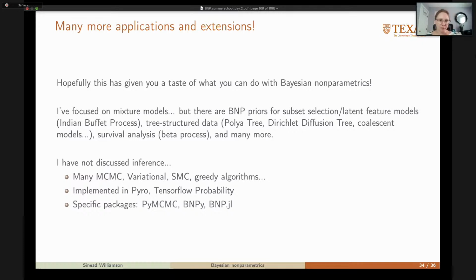There's also a number of specific packages that people have written that are more designed for Bayesian nonparametrics. So there's one called BNPy in Python, unsurprisingly. There's a Julia package called BNP. And then there's also PyMC, which isn't specifically Bayesian nonparametrics, but has a lot of support for it.